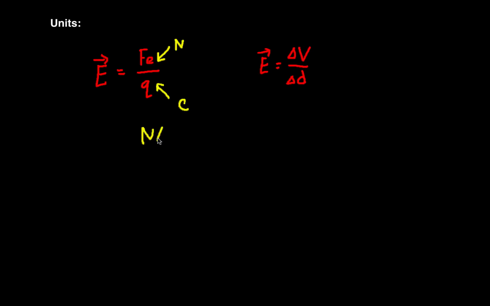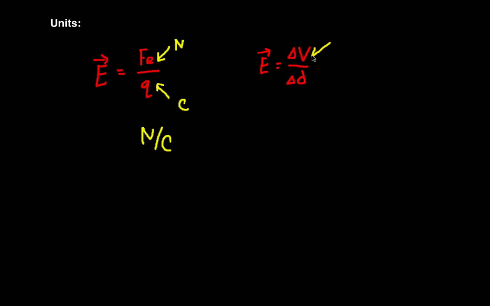So we can analyze the units using these formulas for electric field. Since we have two formulas now for electric field, electric field equals Fe over Q, or electric field equals change in voltage over change in distance, we can see in the first one, Fe is measured in newtons and Q is measured in coulombs, so we could use the unit newtons per coulomb for electric field.